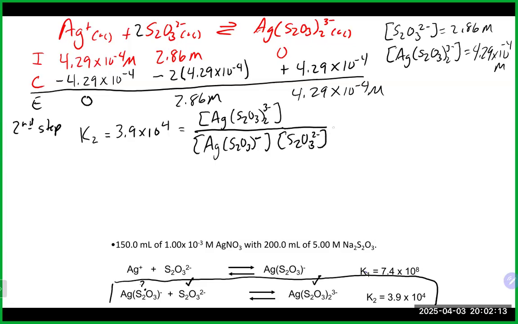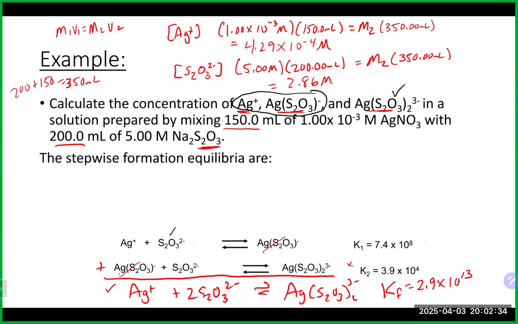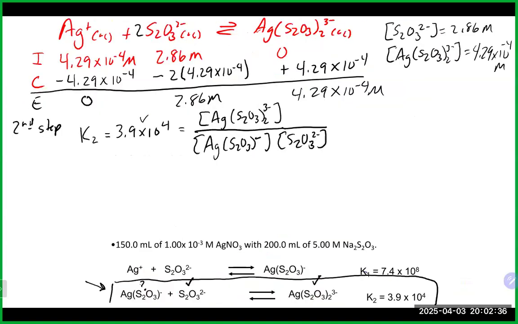Now you may be asking, shouldn't that be squared? And the answer is no, because I am not using the overall reaction here. I am using this equation, and there's only one in that case. Because we're using the second step, that's also why we're using the second step's K value as well. So we're not using the combined K value that we got originally. We're not using this one.